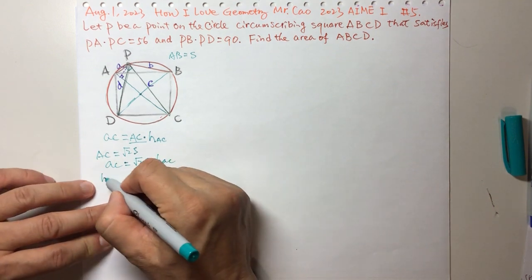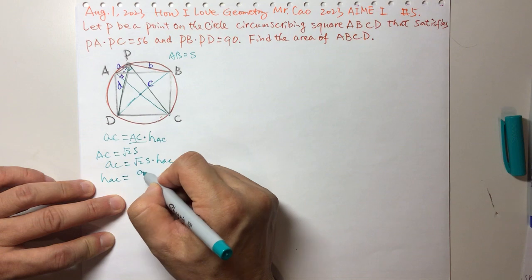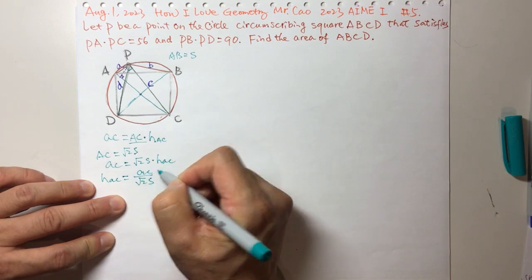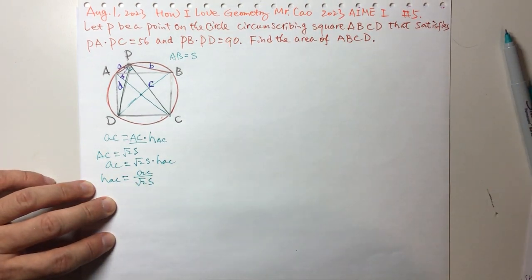We know h_AC equals PA times PC over square root of 2 S.